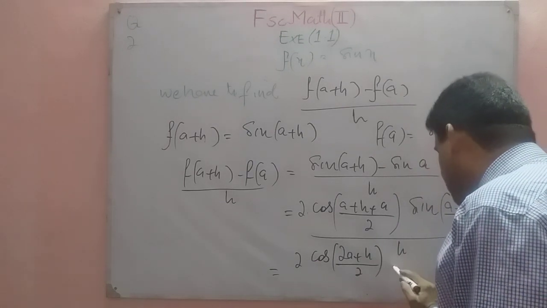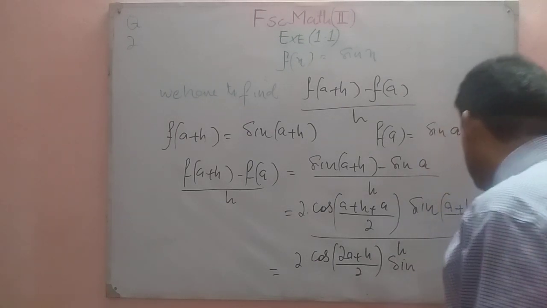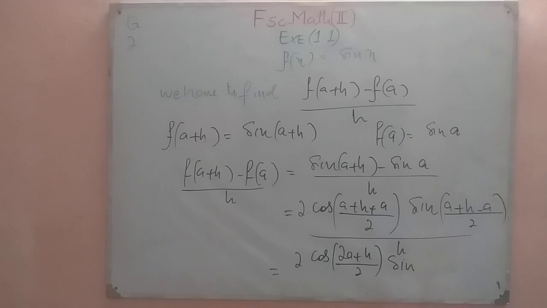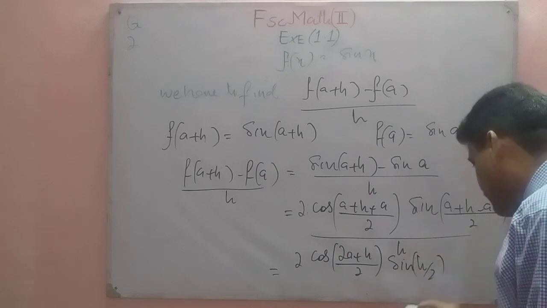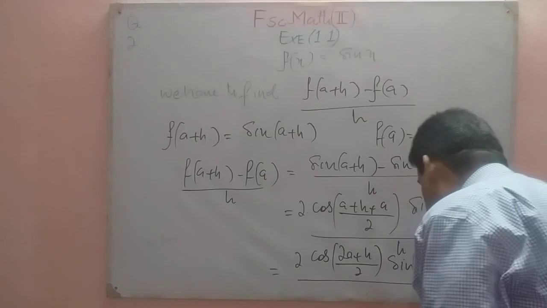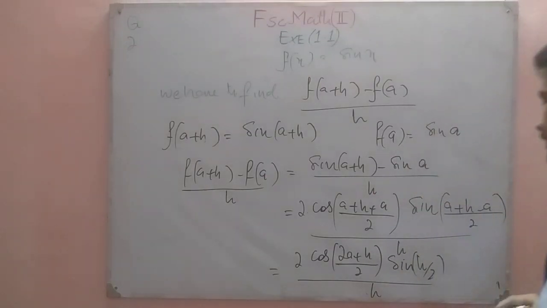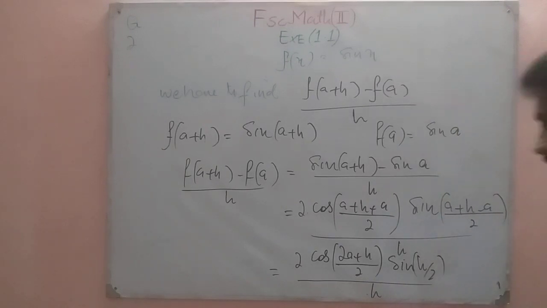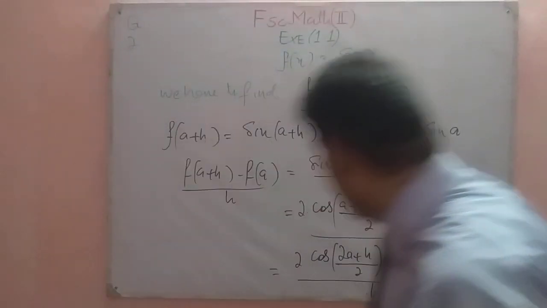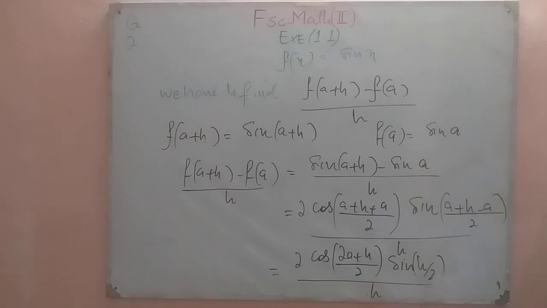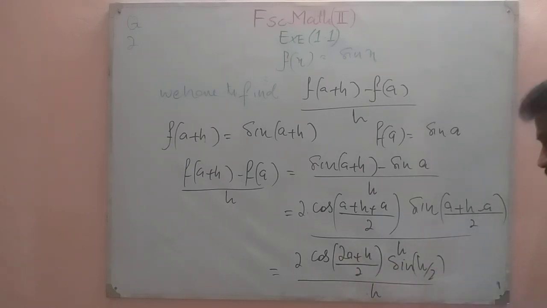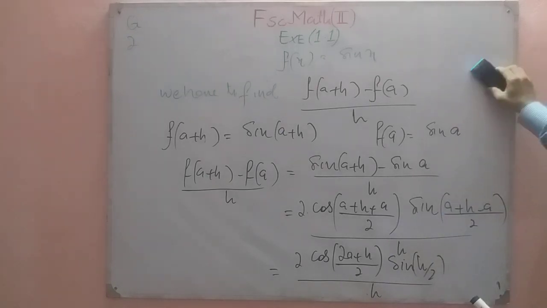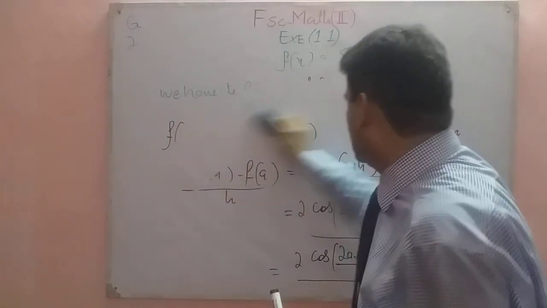Next, sin, we cancel a minus a, and we will get sin(h/2), whole divided by h. Finally, we write these two as 2a/2 and plus h/2.